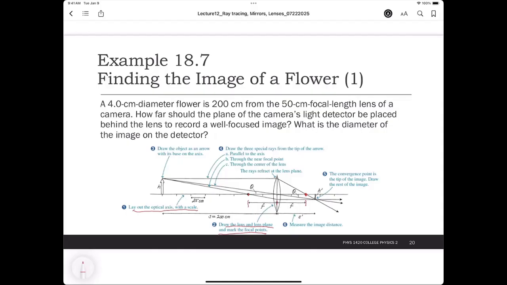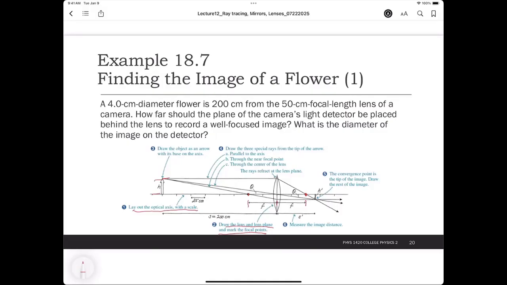Next, draw the object as an arrow with its base on the axis. This is the object and this is the height of the object. It is 200 centimeters.